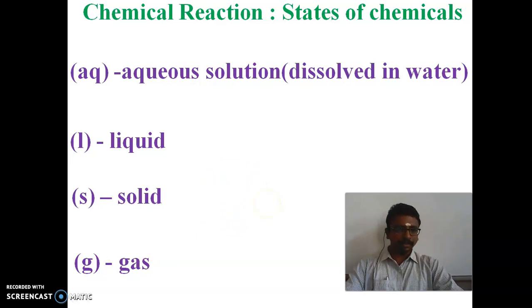What is the formula for oxygen? O2. O2 is in gaseous state, so near that formula we have to mention g in the subscript. So these are the states of chemicals: aqueous Aq, liquid l, solid s, gas g.